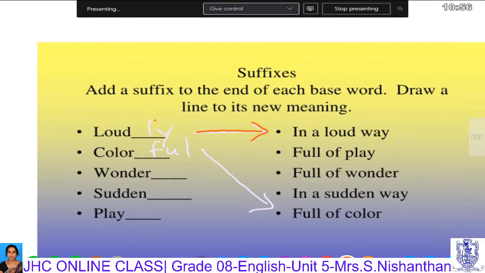Right. And wonder, wonderful. What is it? Full of wonder. Sudden, suddenly, in a sudden way. Play, playful, full of play. Right?